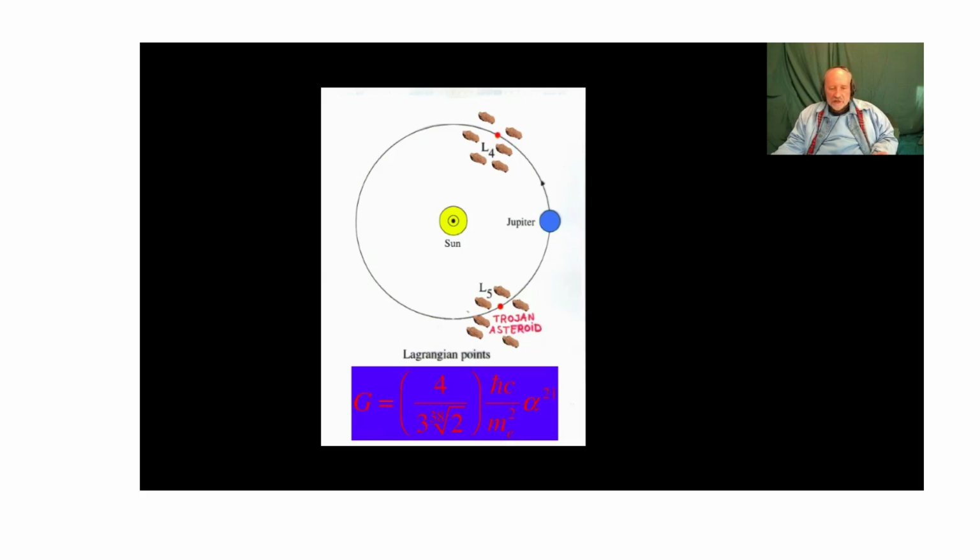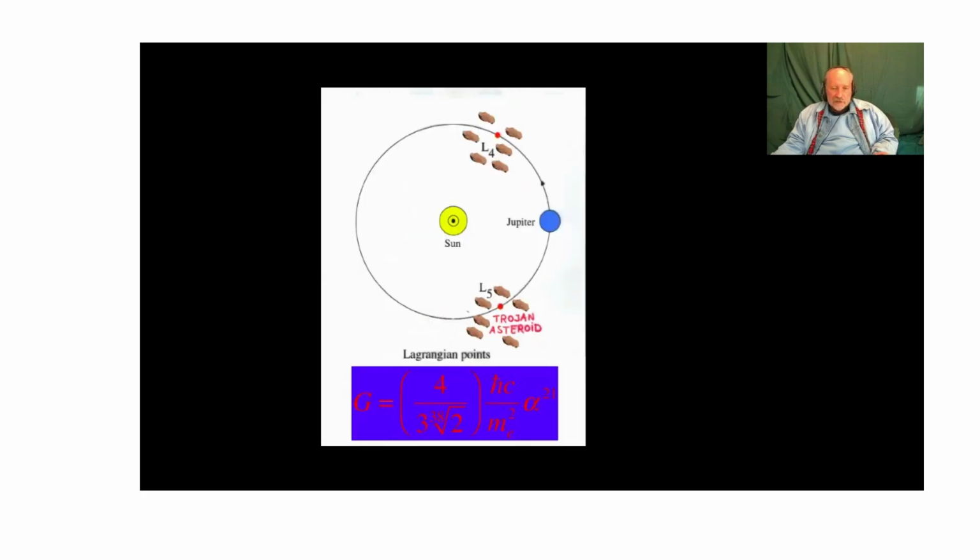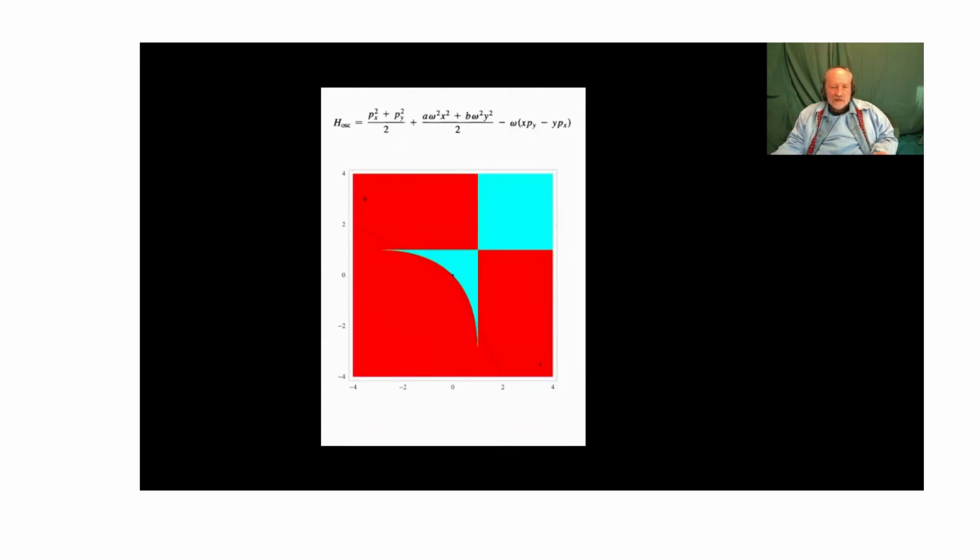Okay, that's why they were called Trojan asteroids, and this is basically the stability diagram of the hydrogen atom in the CP field in the rotating frame, and the blue zones correspond to stable positions, stable motions, and the red zones to unstable motions.